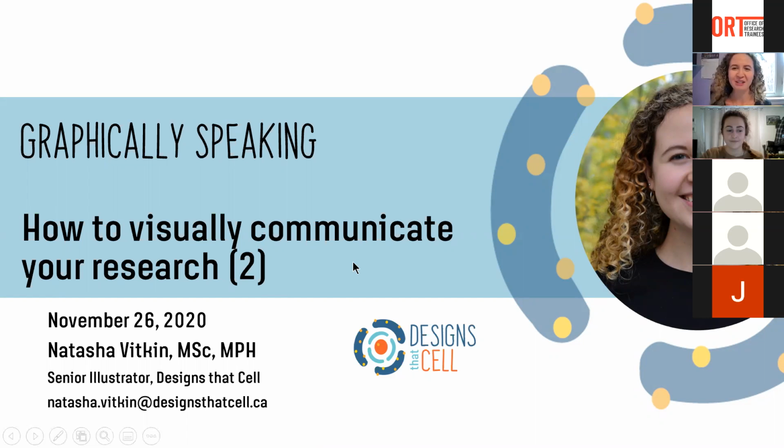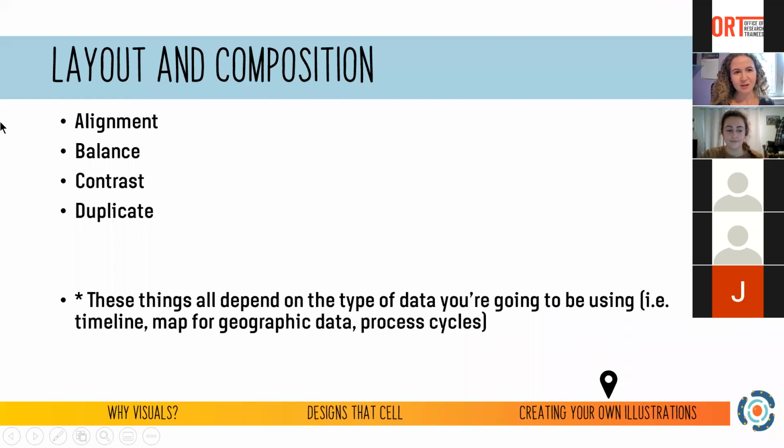I think we're on step 5, if I recall correctly. So step 5 is concerning the overall layout and composition of your image and illustration. And we've broken it down into the ABCDs, and I'm going to talk about each one of these in more depth, but one general note is that all of the layout and composition elements depend on the type of data that you're going to be using and what your main point of the data is.